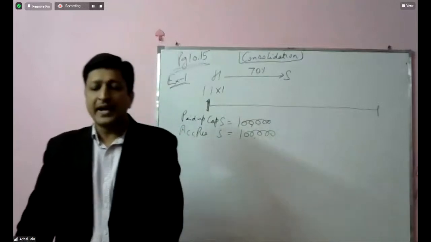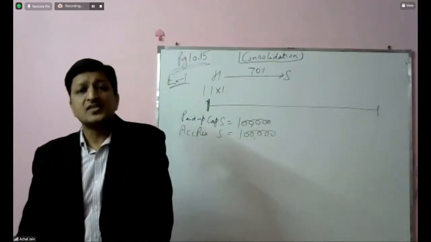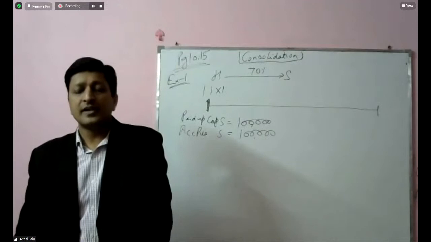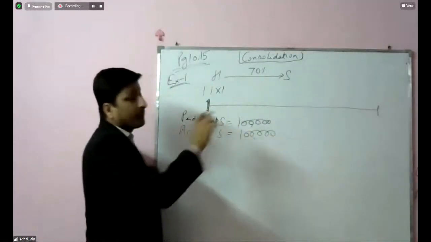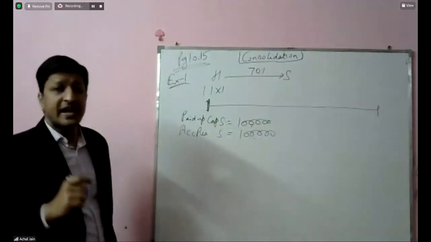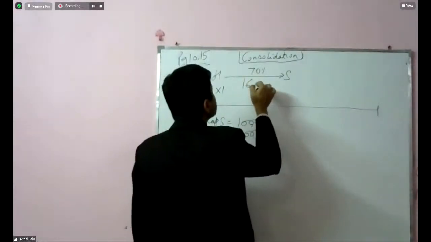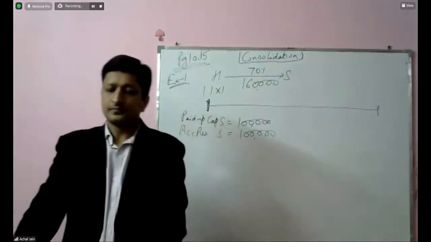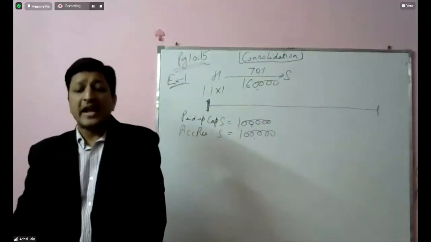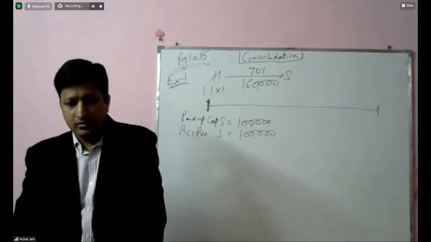H Limited paid 1,60,000 to acquire 70% interest in S. So for getting this 70%, what did H pay? 1,60,000 has been paid. Yeah. Assets of S Limited were revalued.